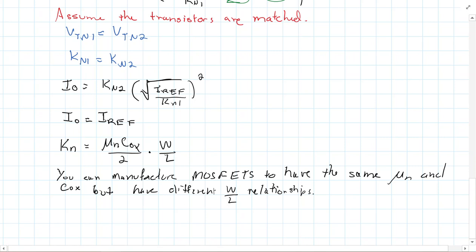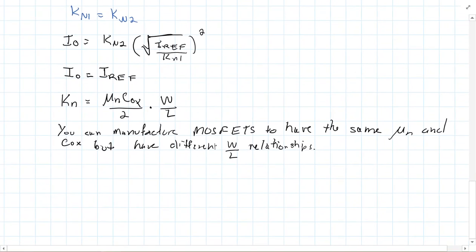What that gives me here is we can actually manufacture transistors so that I out is equal to W over L for the second MOSFET divided by W over L for the first MOSFET times Iref.